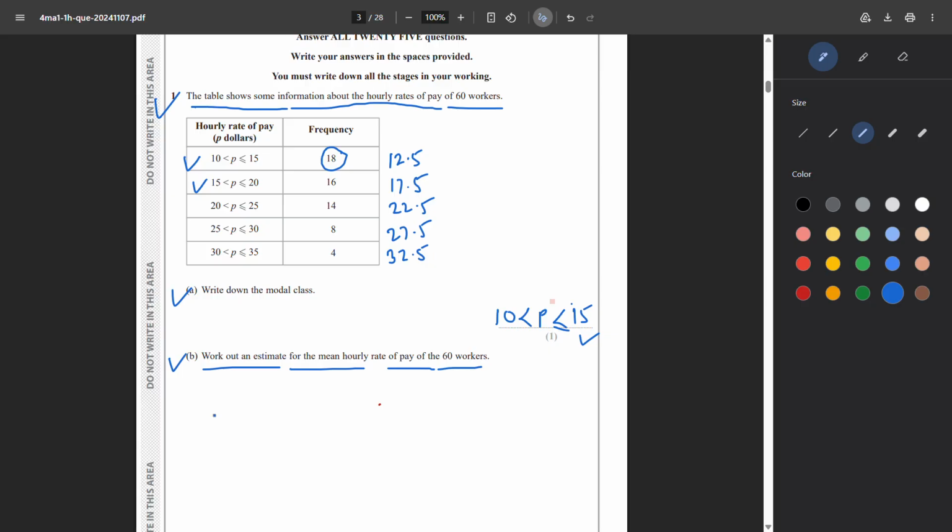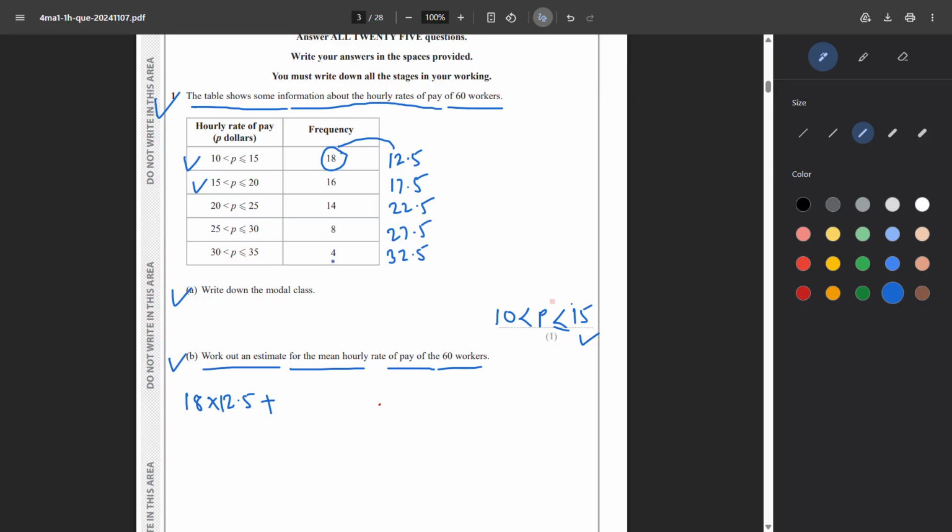Next you have to multiply these two values, the midvalue and the frequency. I'm just showing it here. You have to show every step while solving the paper. So 18 times 12.5, and you have to add these terms.